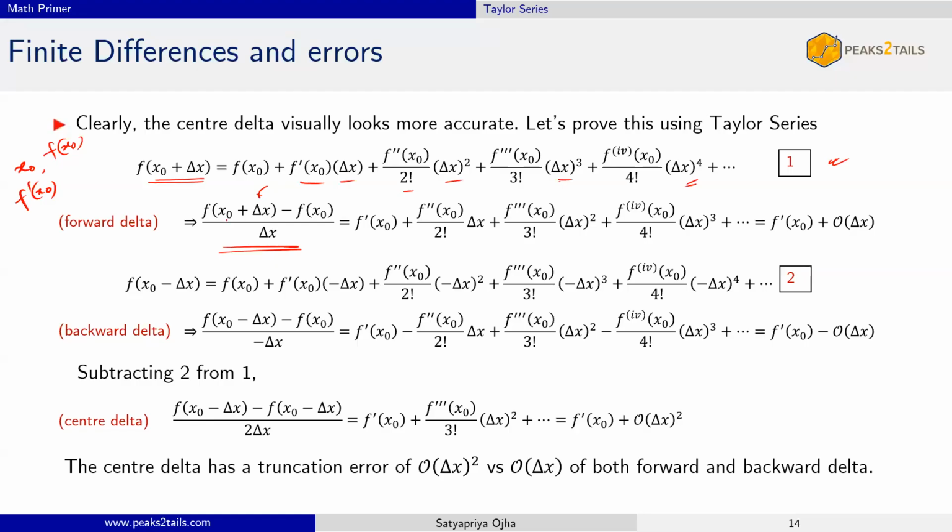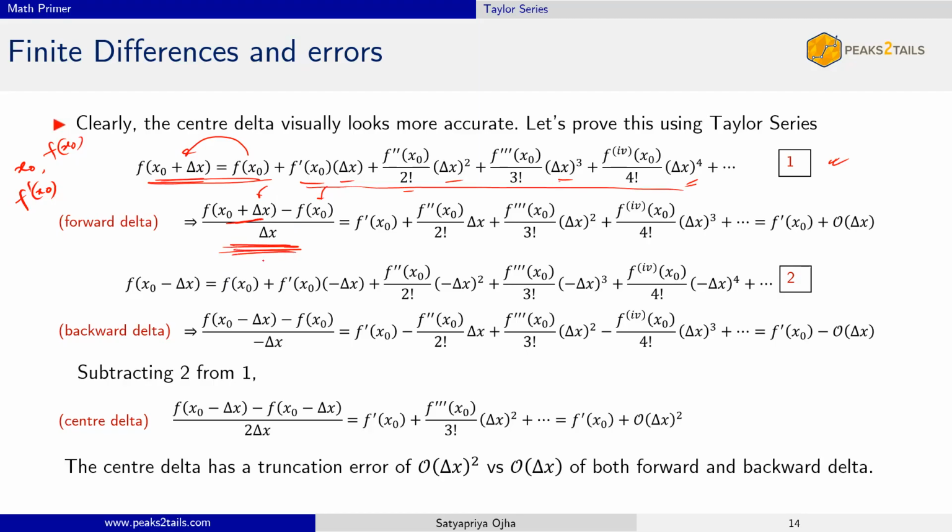So forward delta is f at x0 plus delta x minus the original function, divided by delta x. In this expression, take f of x0 to the left-hand side, and then divide the remaining portion by delta x.